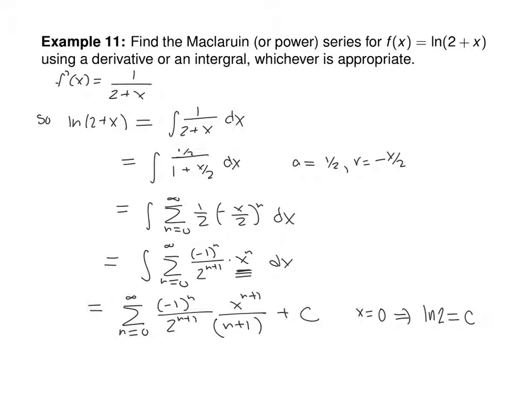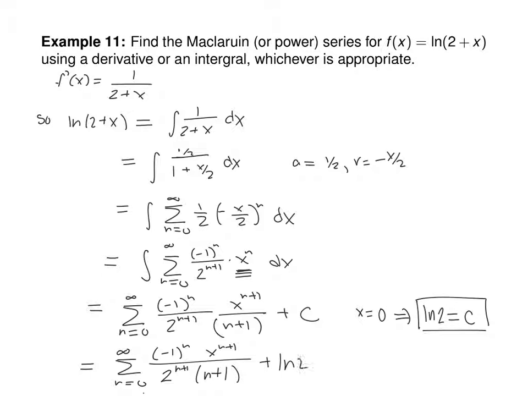On the right side we just have c because everything in that summation is 0. So the constant is equal to ln of 2. So this is the sum from n equals 0 to infinity, negative 1 to the n, x to the n plus 1, over 2 to the n plus 1 times n plus 1, plus natural log of 2.